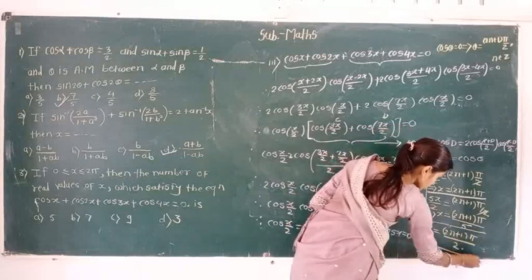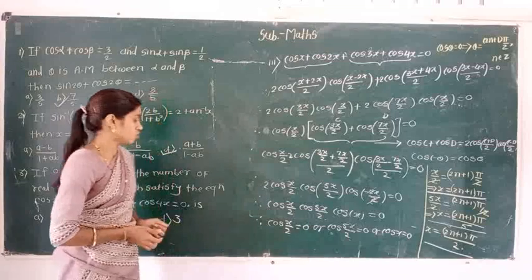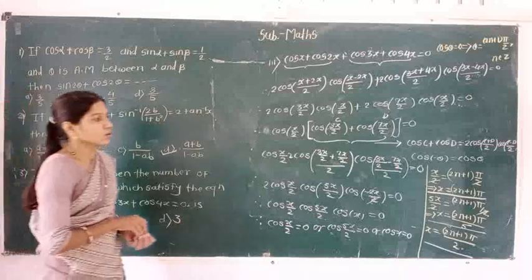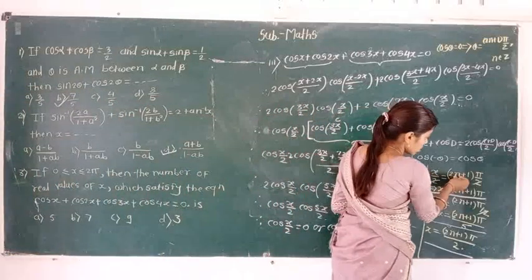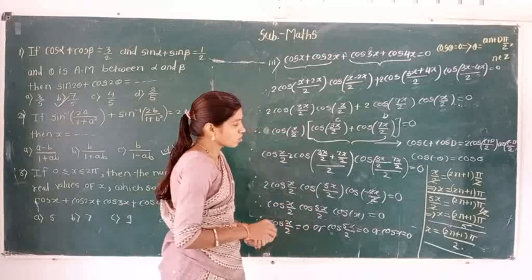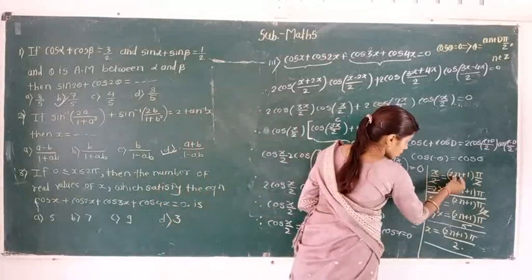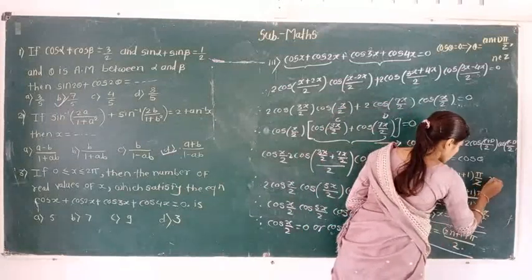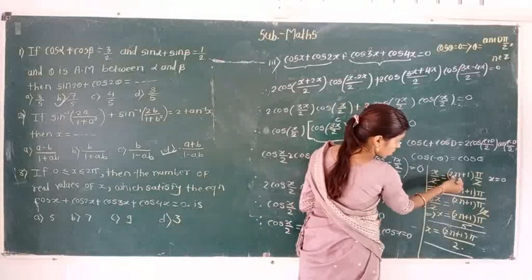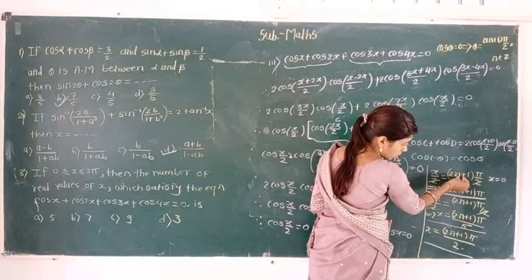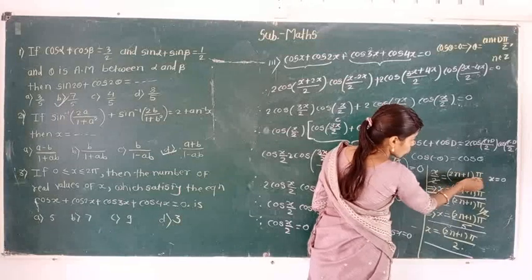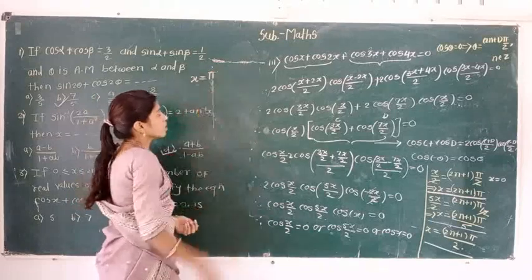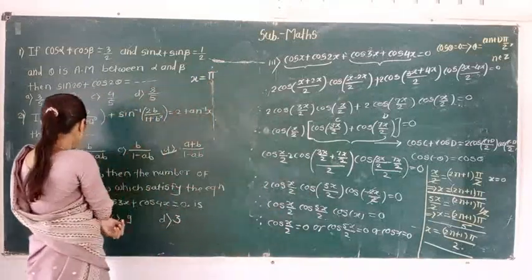first, second and third, find out the number of solutions of x that lie in the interval 0 to 2π. So we know that n is from the set of integers. First of all we take the value of n as 0. Putting n = 0, we get 1 into π, so x = π, and π lies within this interval.